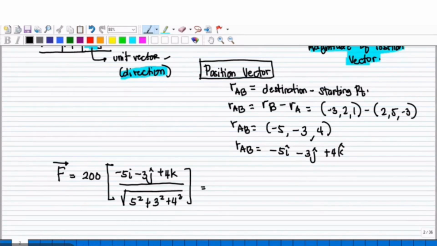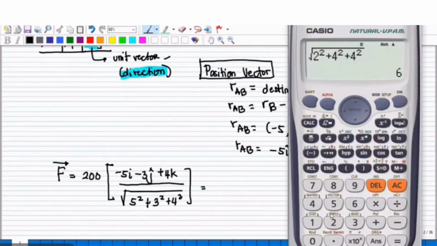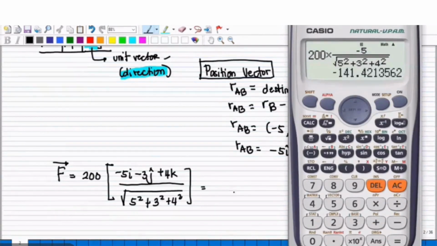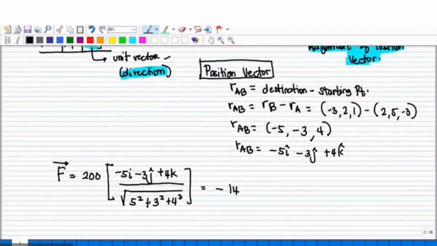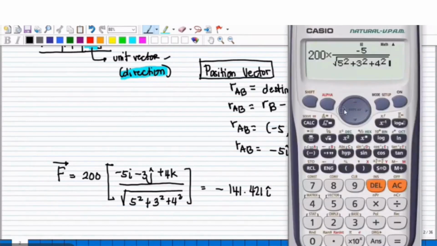Okay, so this is now equal to what? Okay, so unahin natin yung I. So this is 200 multiplied by negative 5 over square root of 5 squared plus 3 squared plus 4 squared. So, yan. Negative 141.421. This is in the x direction or I. Next is negative 3 po. So, edit lang natin yan.